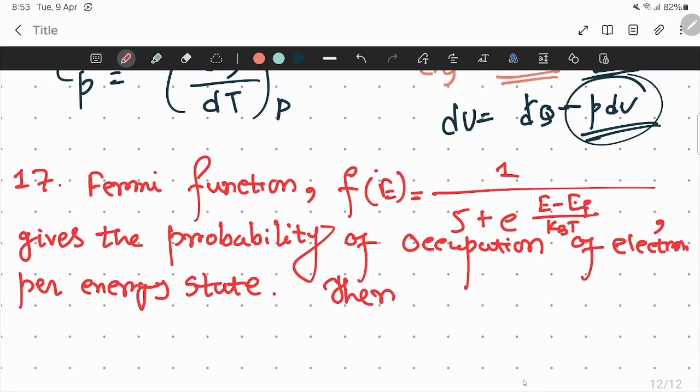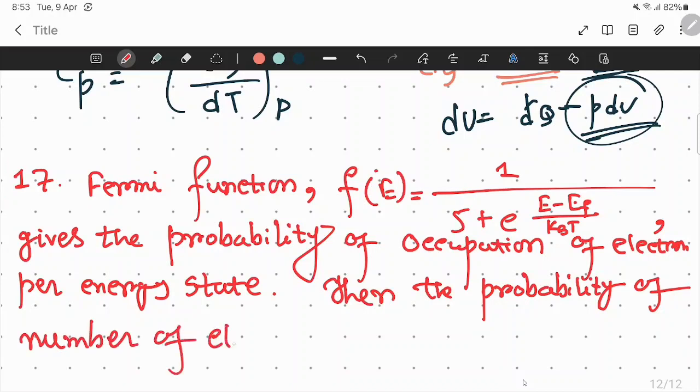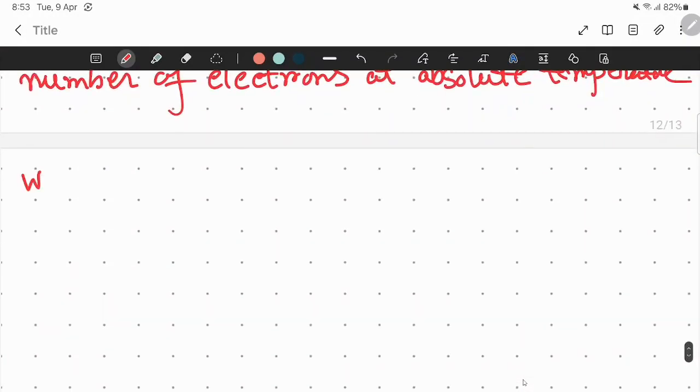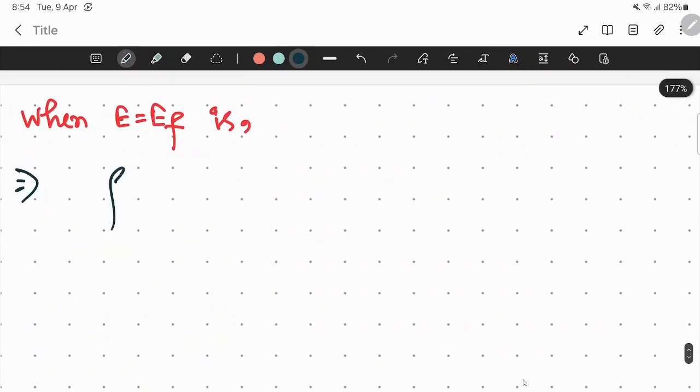Then same question: the probability of number of electrons, absolute temperature, when E is equal to EF. Same question. If you know, you just have to put E equals to EF.